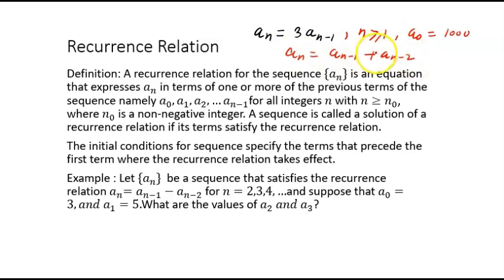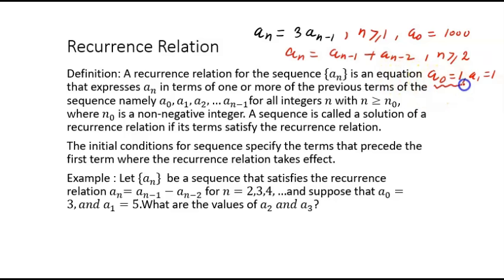Now this equation has been written as the sum of its two previous terms. Here I specify that n is greater than or equal to 2, and I also write that a_0 is equal to 1 and a_1 is equal to 1. Now there are certain terminologies associated with it.